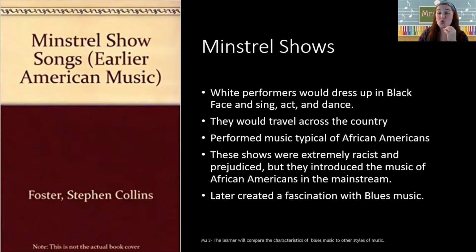These shows were extremely racist and very prejudiced, but they also introduced this music to the world and made it more mainstream. So they kind of set the stage for acceptance of these different styles of music, even though they were doing it in a very racist manner. It really later created a fascination with blues music across the country.